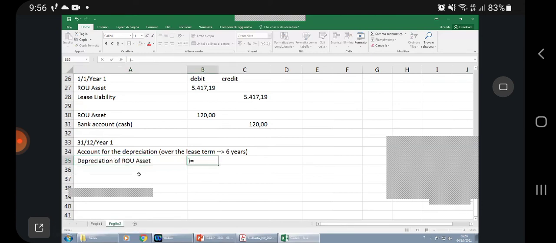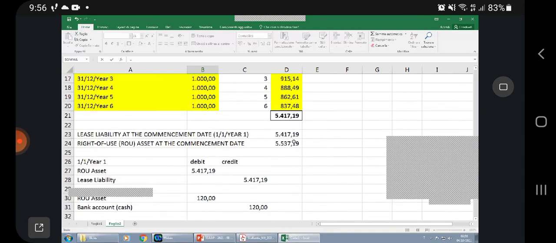The total amount of the right of use asset is 5,537. Okay? So this means that we need to compute all the amounts that we have recognized, recorded in the T account right of use asset.